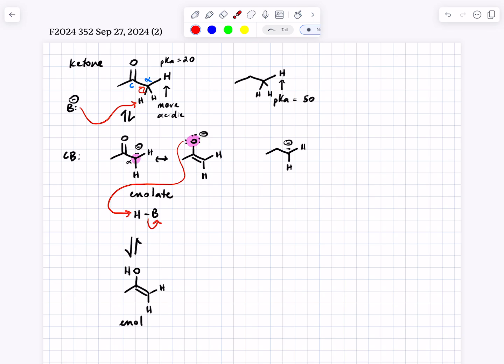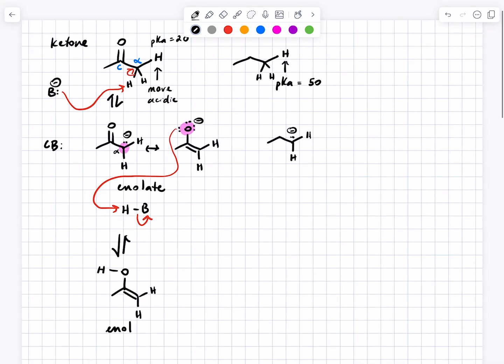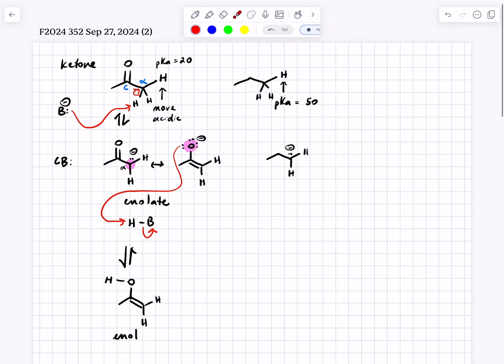They differ only in the location of a proton, here in a carbon-hydrogen bond, here in an oxygen-hydrogen bond, which I'll draw out more clearly. And they differ in the location of a pi bond, here in a carbon-oxygen pi bond in the ketone, here in the carbon-carbon pi bond.